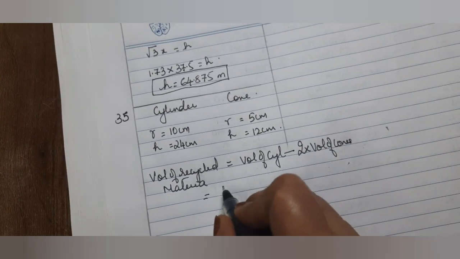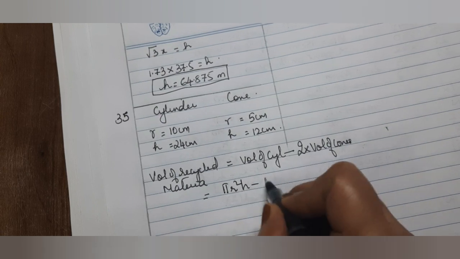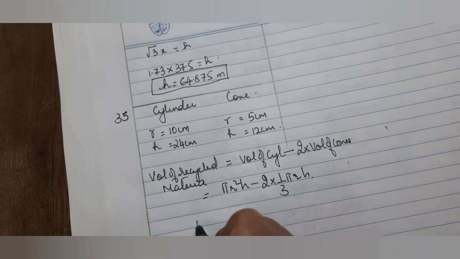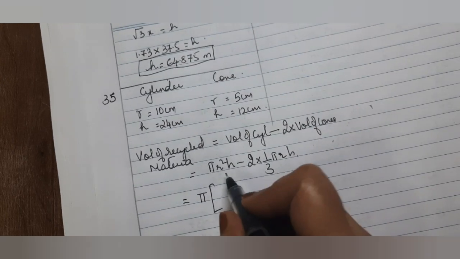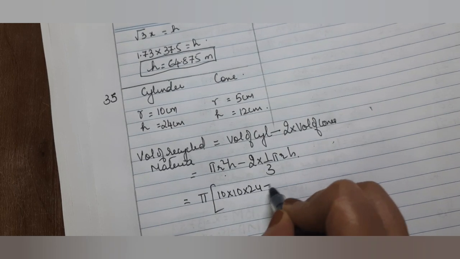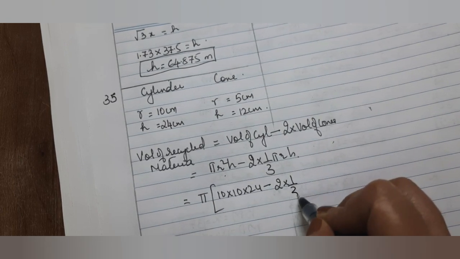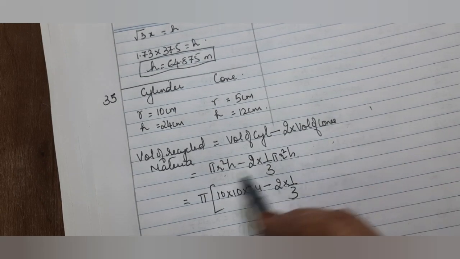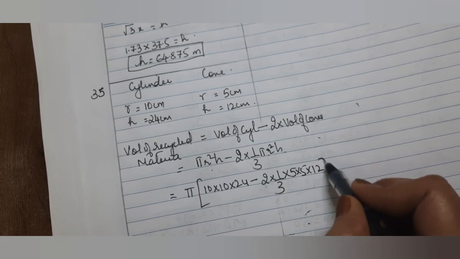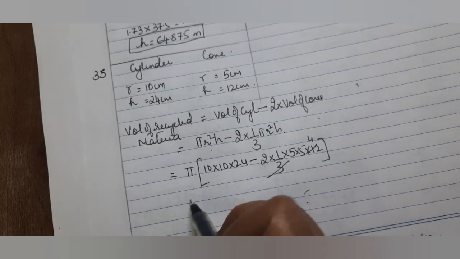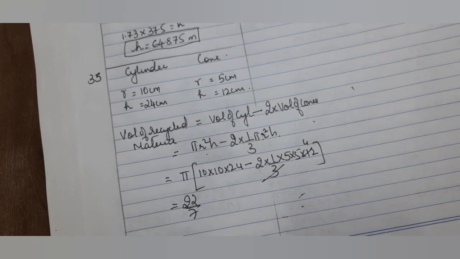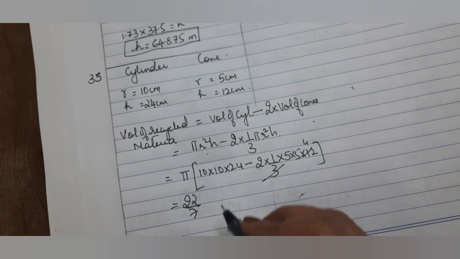So I will take pi r square h minus 2 into 1 by 3 pi r square h. Let us take pi common out. R of the cylinder 10 into 10 into 24 minus 2 into 1 by 3, pi outside. So R here is 5 into 5 into 12, 3 and 4 times. So this we will take 22 by 7 because they have not mentioned the pi to be taken as 3.14.